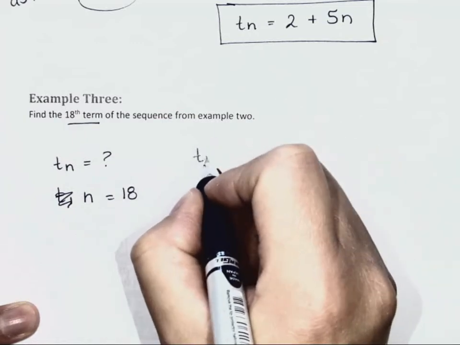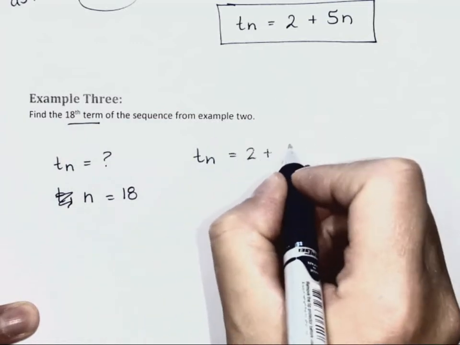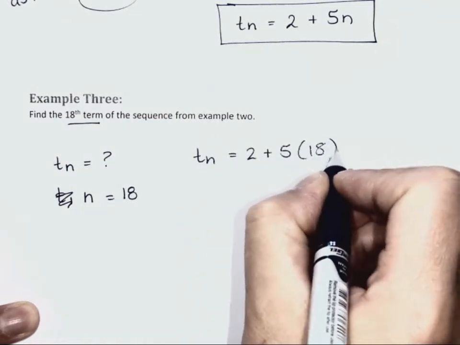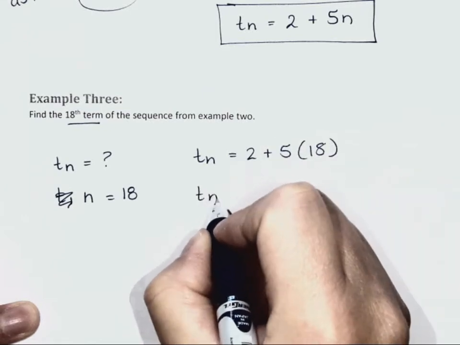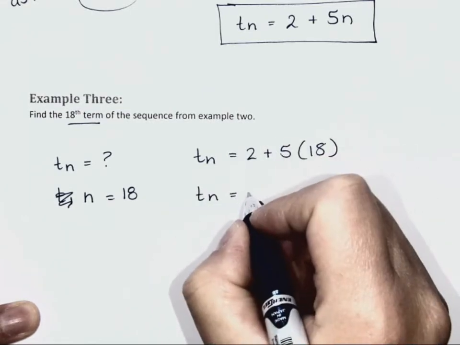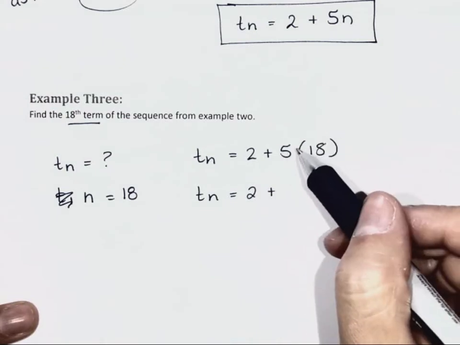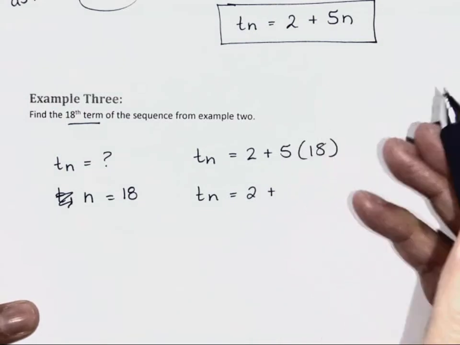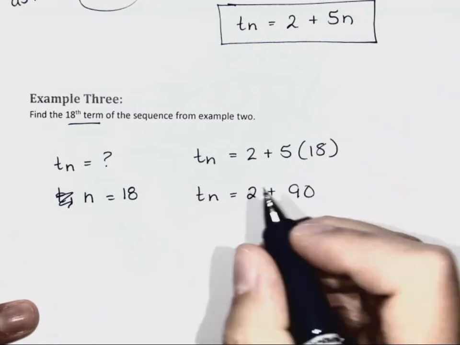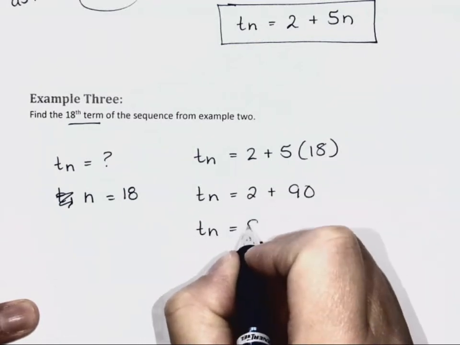So I'm going to use my formula. Tn is equal to 2 plus 5 times 18. So 2 plus 100 minus 10 is 90. So Tn is going to equal 92.